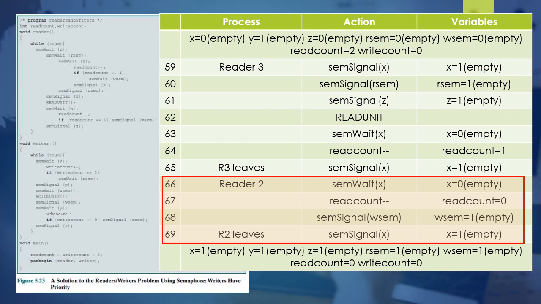It decrements read count, becomes 0. It does a signal on WSIM, becomes 1. Then it issues a signal on X, becomes 1. Reader 2 leaves. When everybody has left the system, all semaphores go back to 1. All counting variables go back to 0.